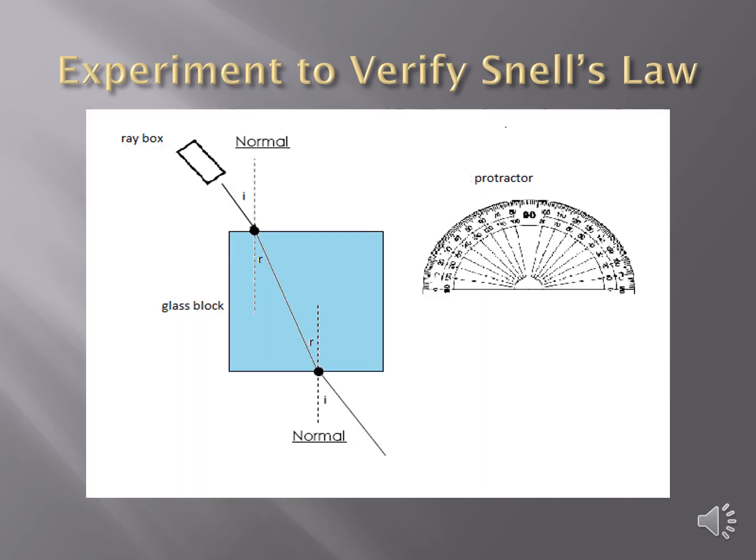Okay, here's a diagram that you can use for your experiment report. You'll be using a protractor to measure the angles in question, and a glass block and a ray box. And you'll repeat for different values of i, measure your r, and calculate your ratio.